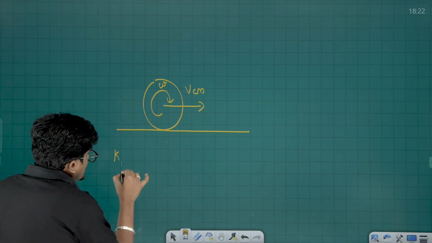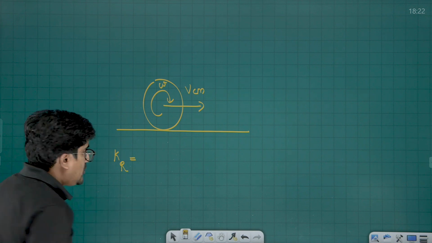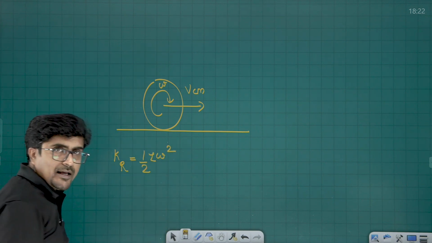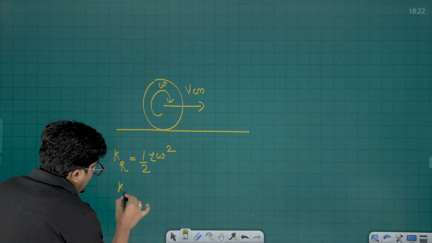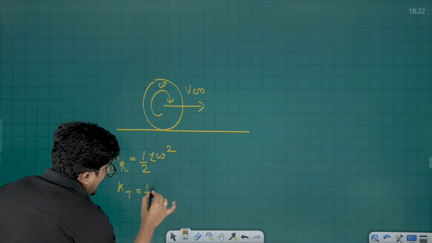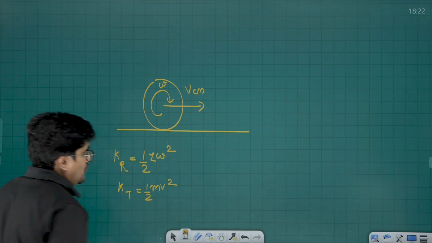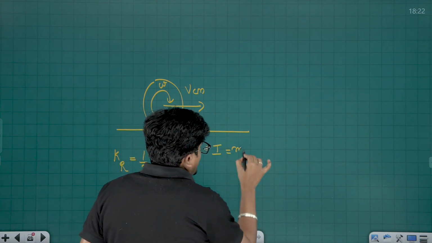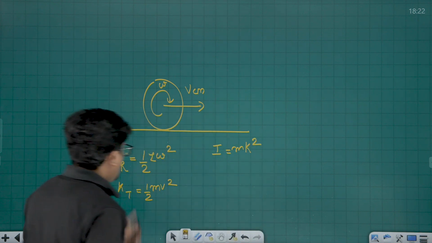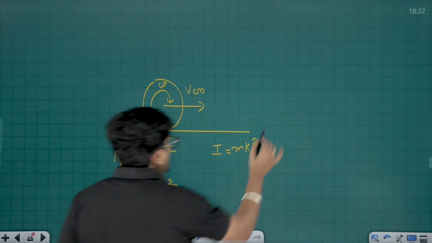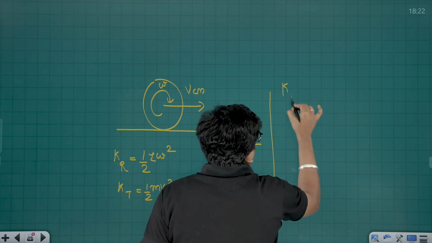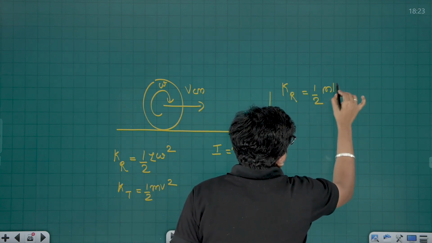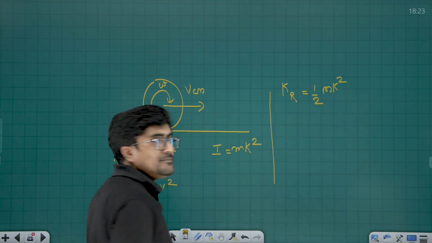So the kinetic energy of rotation is going to be half of I into omega square, and kinetic energy of translation is going to be half of m into v square. And we all know that I is m into K square. Let me consider that over here. So kinetic energy of rotation is going to be half of, instead of I, I am going to have M into K square. Alright.